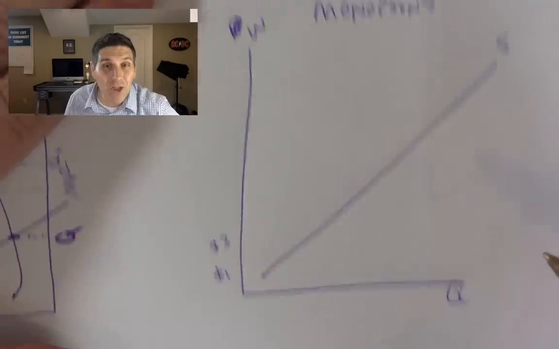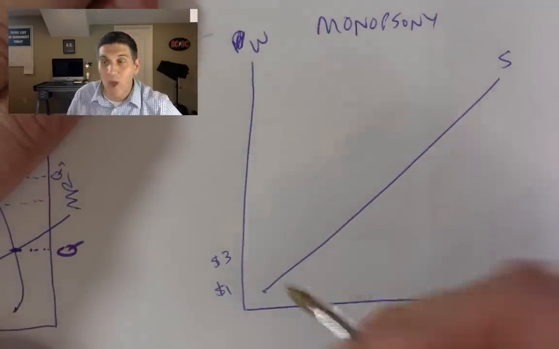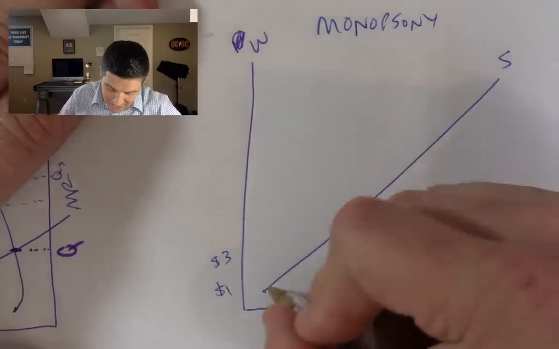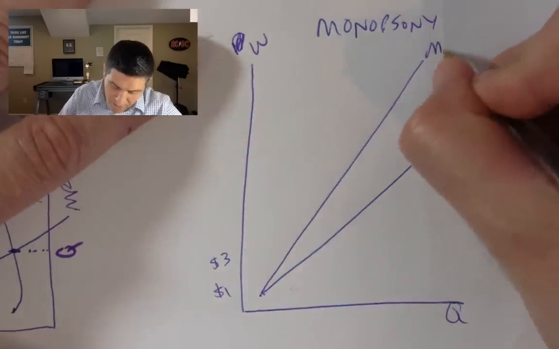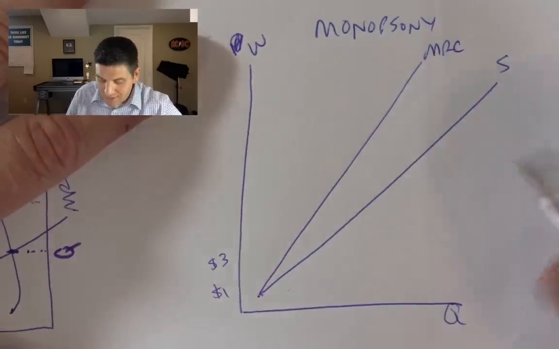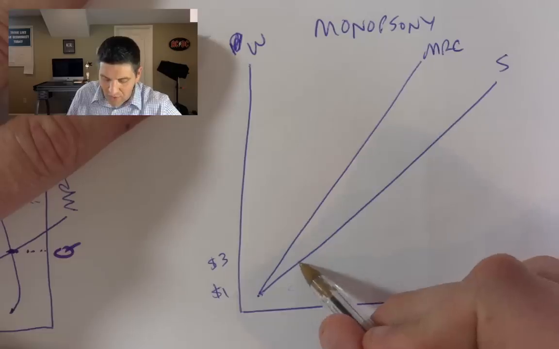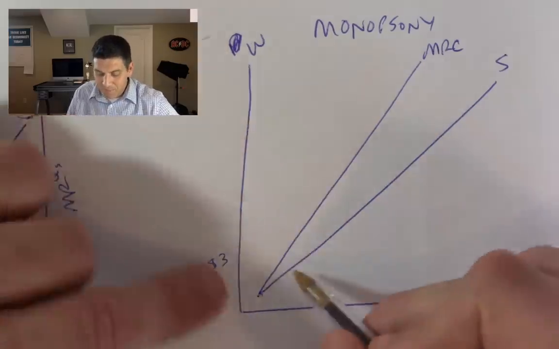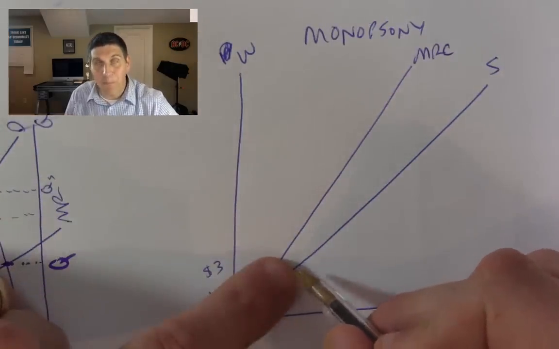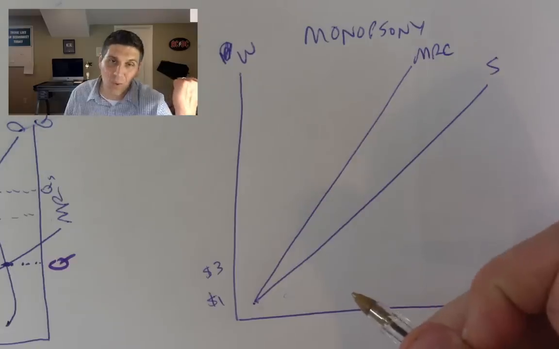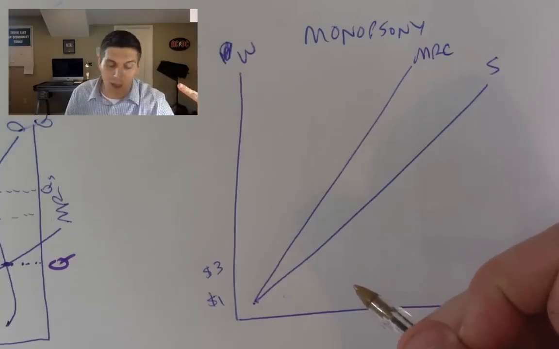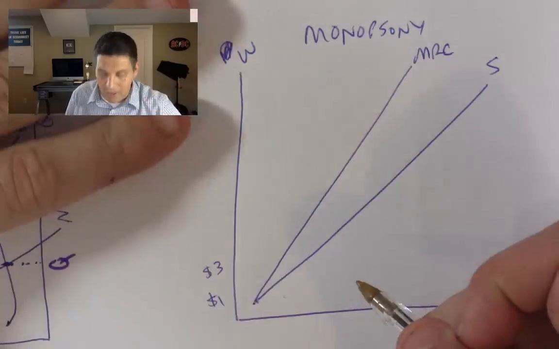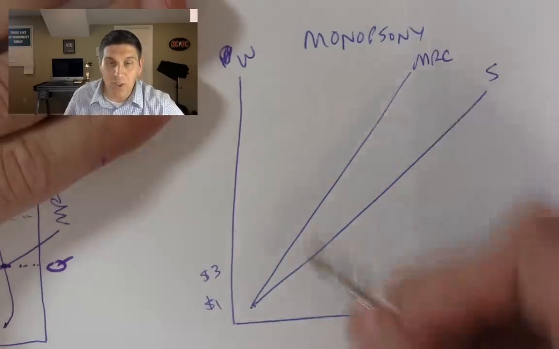That means my marginal resource cost is not equal to the wage of that next worker. It's actually higher, because the wage of that next worker plus the money I have to pay the previous workers, now at higher wages because I can't wage discriminate, causes the marginal resource cost to be up there.